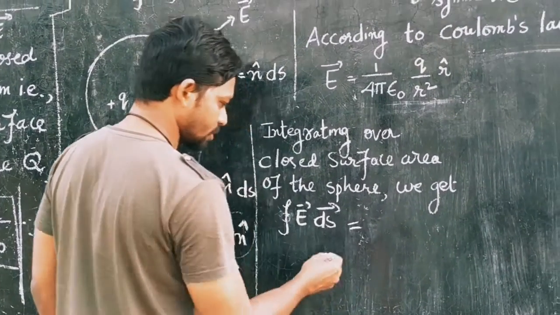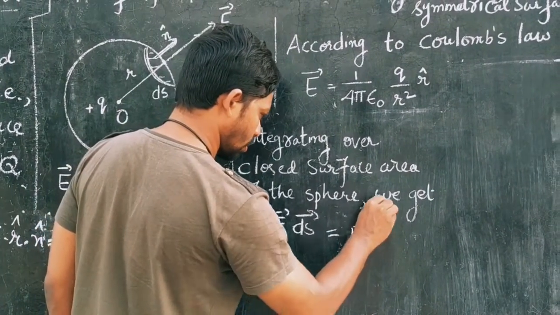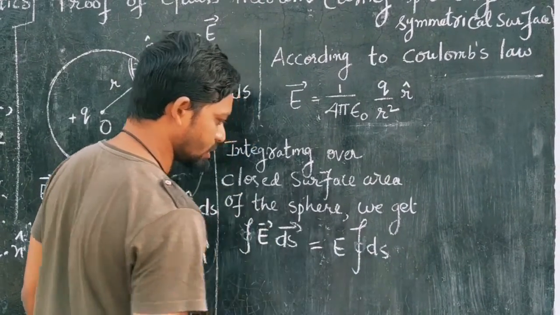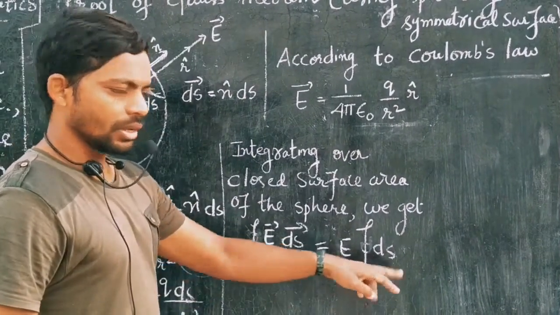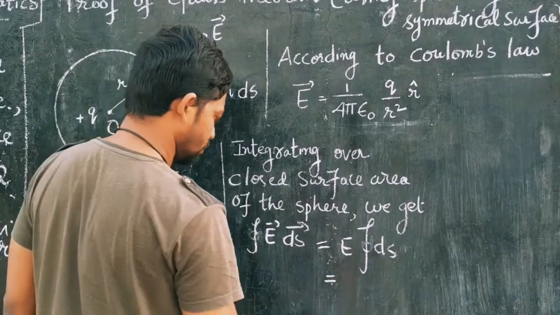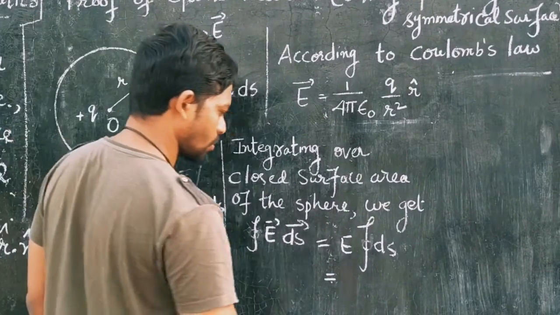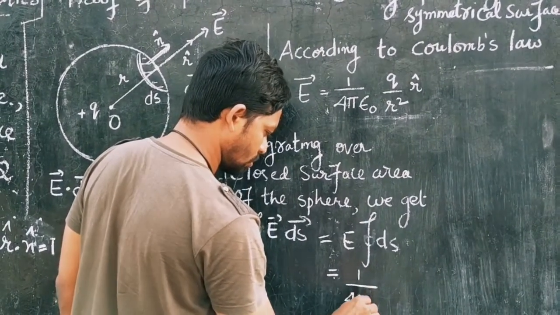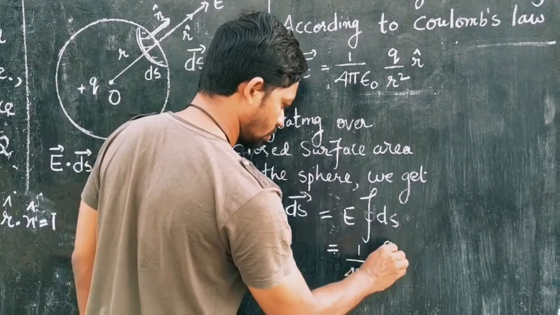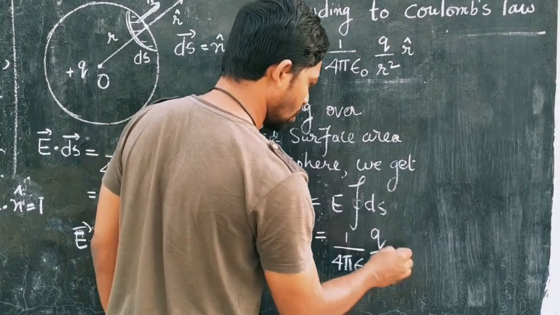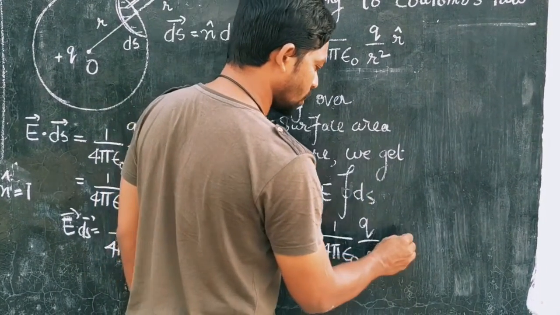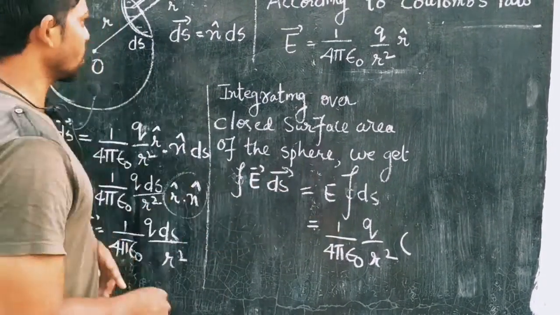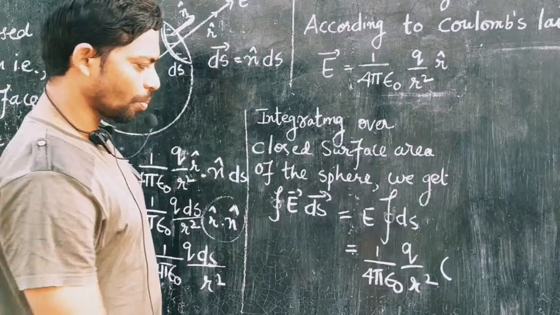In that case, it becomes integral ds. Integral ds value is nothing but the total surface area of that sphere, which is nothing but 4 pi r square.